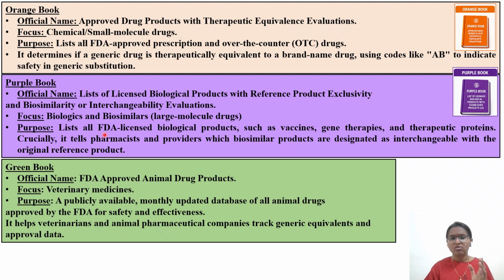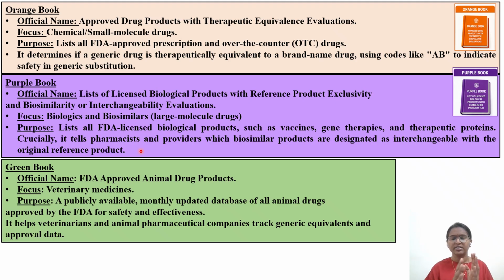The purpose is that it will list all FDA licensed biological products such as vaccines, gene therapies, therapeutic proteins. Crucially, this Purple Book tells pharmacists and providers which biosimilar products are designated as interchangeable with the original reference product. We'll discuss in some other video how biosimilars compare with biologics.